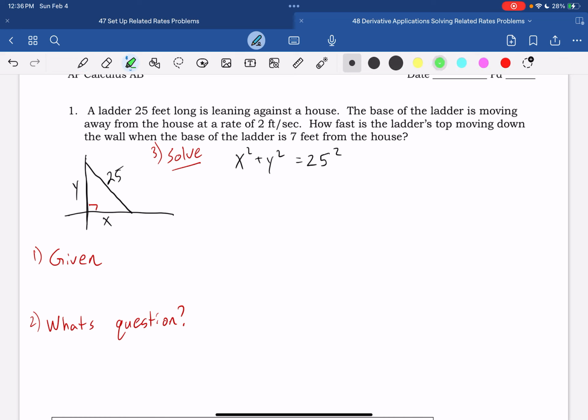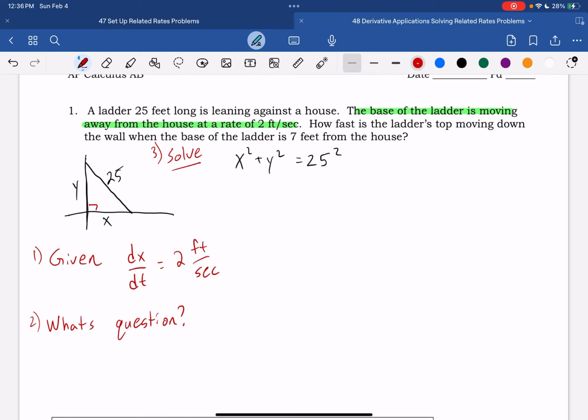For this, we're given that the base of the ladder is moving away from the house at a rate of 2 feet per second. So what's given to us is dx/dt, the change in x over time, is going to be 2 feet per second. We want to make sure that we're identifying that so that we can use it later.